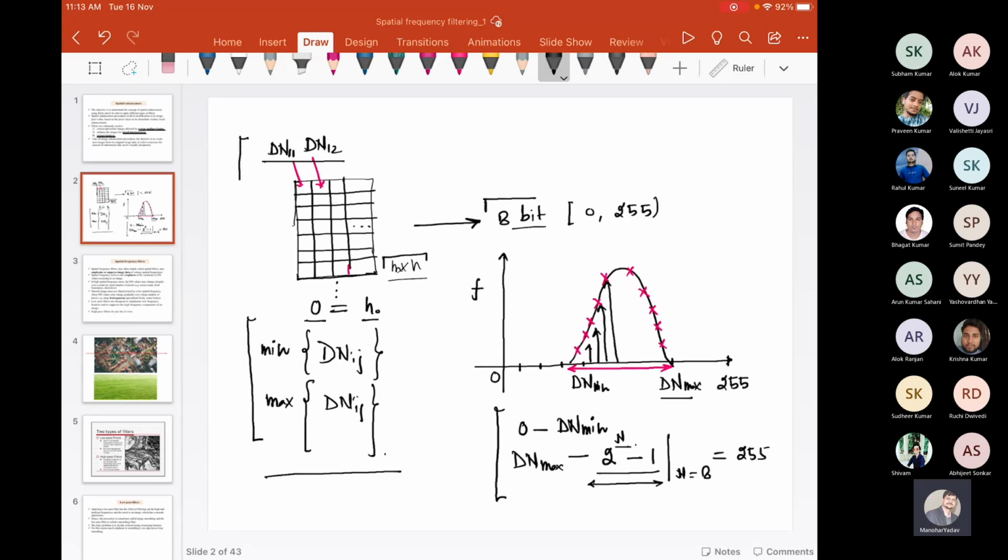This is the original image. From the original image, we are getting this histogram, and it is in a very narrow range. 0 to DN min, and DN max to 2 to the power n minus 1, which for 8-bit is 255, these values are unutilized.